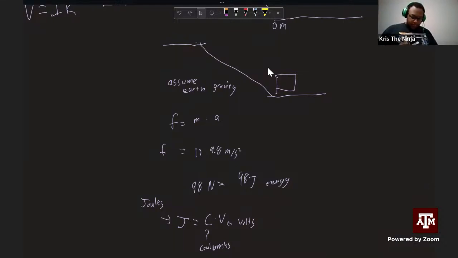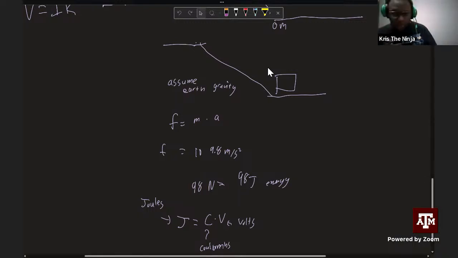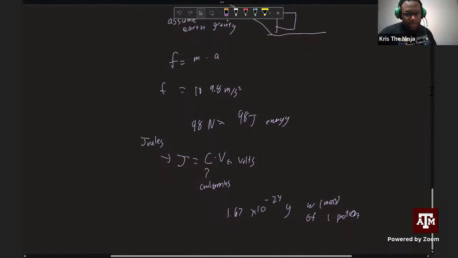So 1.67 times 10 to the minus 24 grams is the weight or mass of 1 proton. So if we have 10 grams worth of protons, it's a really positive block. Hope y'all get that joke.